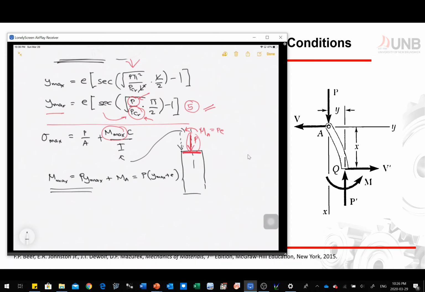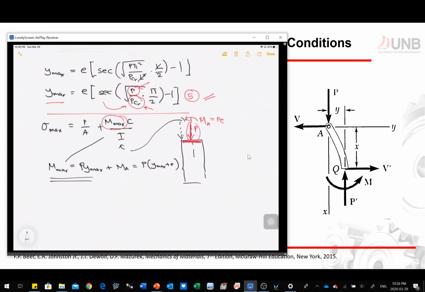Eventually we can substitute it back to our equation here. And another thing is your I. Your I is equal to area times r squared, where r is your radius of gyration.